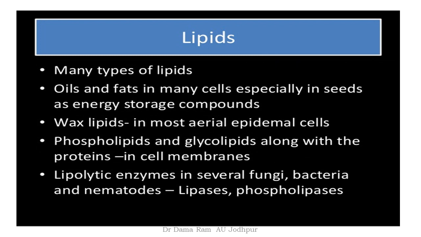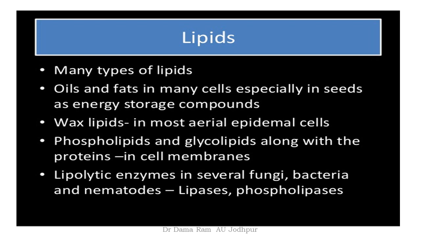Next, the last one, we can say, is lipid. Many types of lipids are present in host cells in the form of oils and fats, especially in seeds, because lipid is the main source of stored energy in the seeds. Wax lipid is found in the aerial epidermal cells.